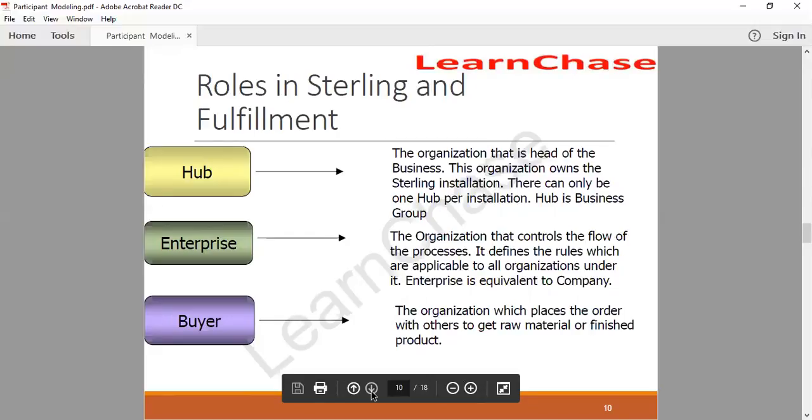So there is a person who buys the raw material and sends it to the production unit. Out comes the product that is stored and distributed. So these names, hub, enterprise, and buyer, are the three things which are centered down in Sterling.